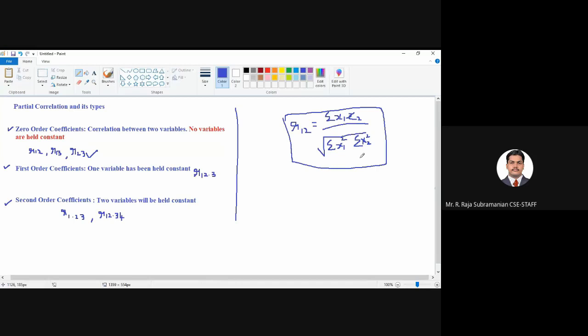Then just to take one thing, we have a problem here. Summation x1 squared will be 90.